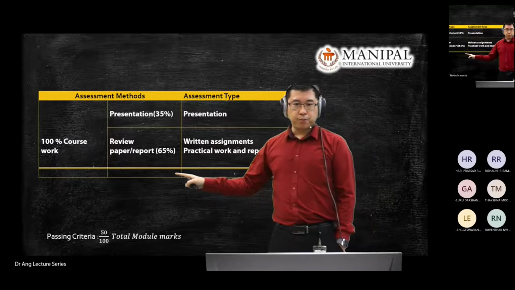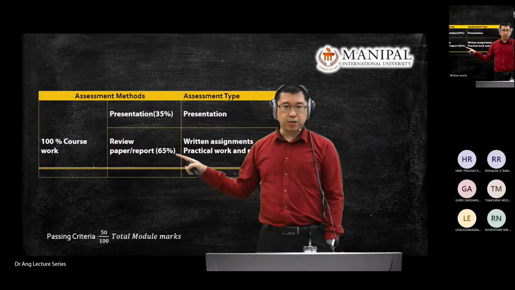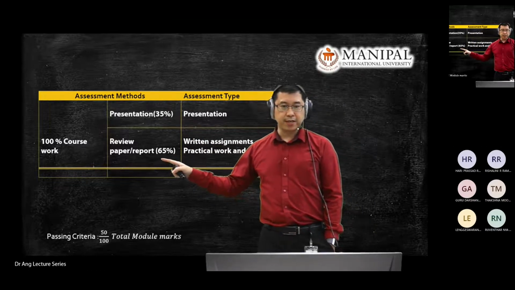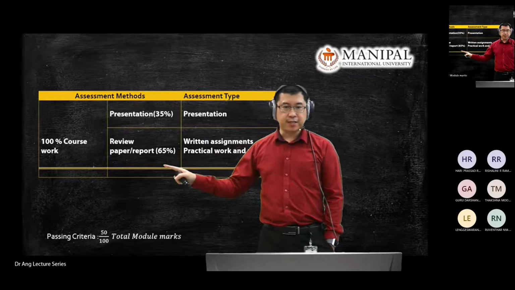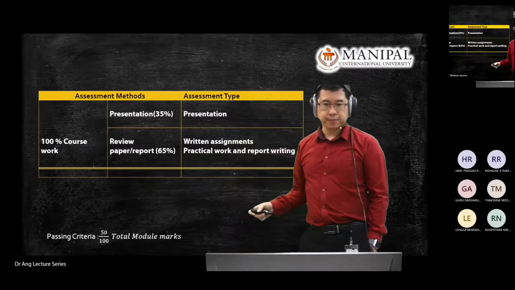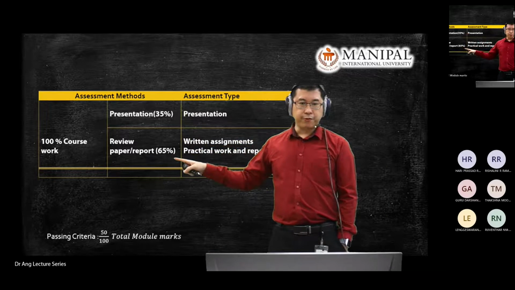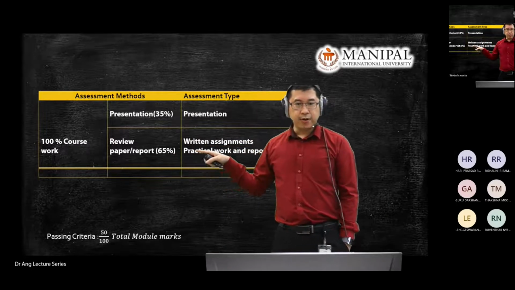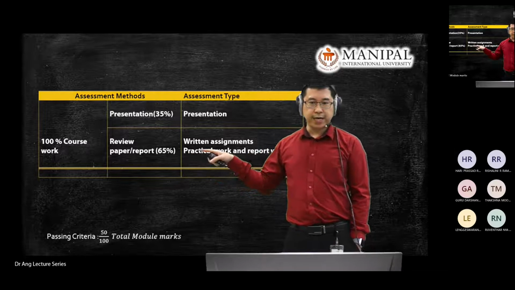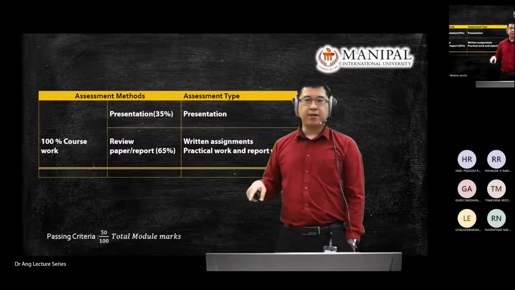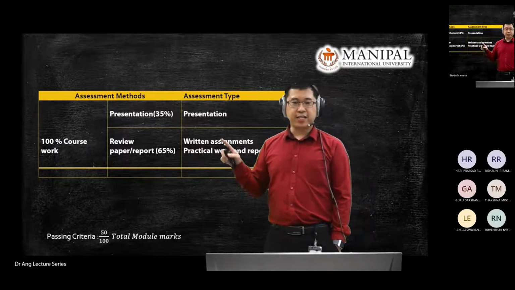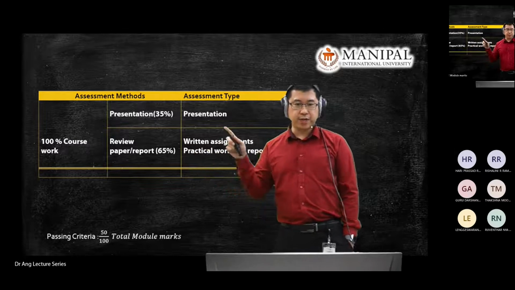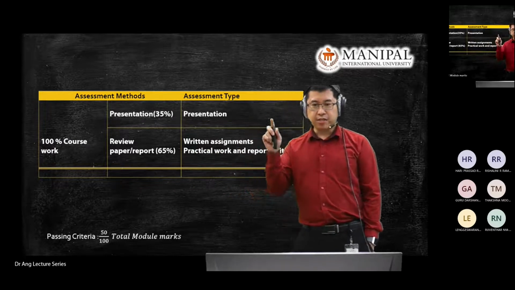And you need to produce a report which is 65%. So you add 35 plus 65, you get 100%. Okay. So, a review paper, 1 final report by the end of the semester. I will give you some guidance on how to write. For example, in each class or each lecture, I'll give you a particular skill set.